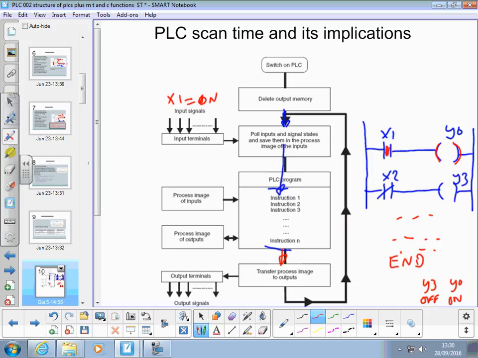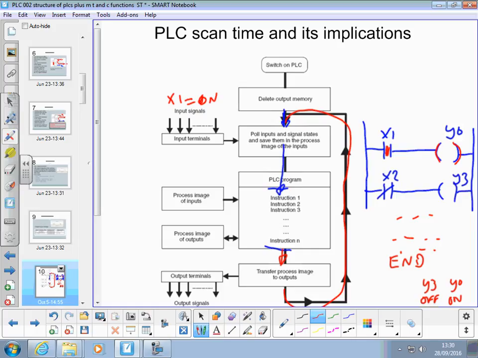Then it goes back to the start and records the input status again, and then goes through. Typically, I don't know, 5 milliseconds to do a whole scan. Just depends on how many instructions you've got and what they are, because every instruction takes a certain time to actually execute, and depending on how complex it is, it can take more or less time.